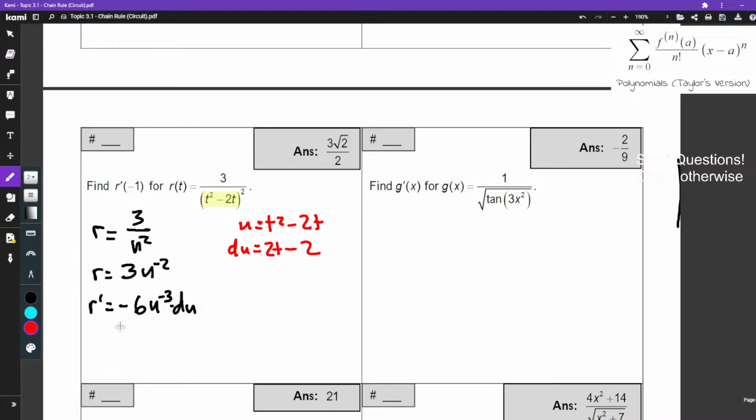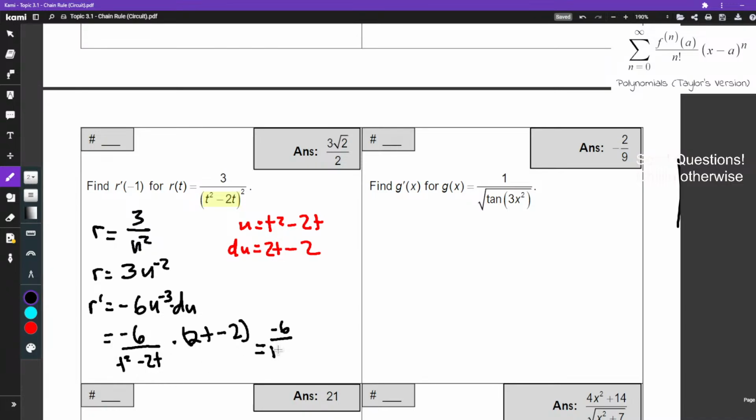Then we just plug it back in. So we have negative 6. Now I'm going to drop this down already. T squared minus 2t times 2t minus 2. If you plug in 1, negative 1 to this, we get negative 6 over negative 1 squared is just 1.